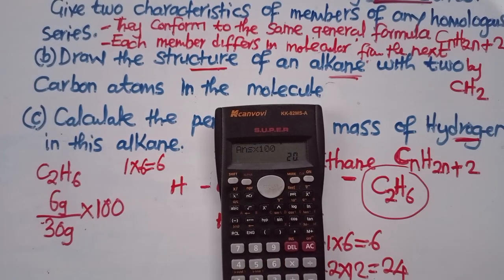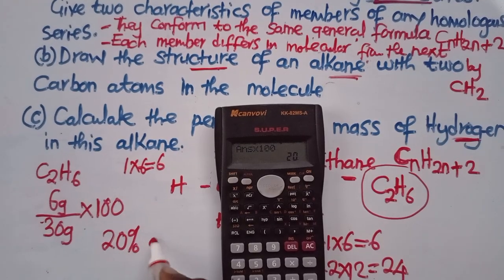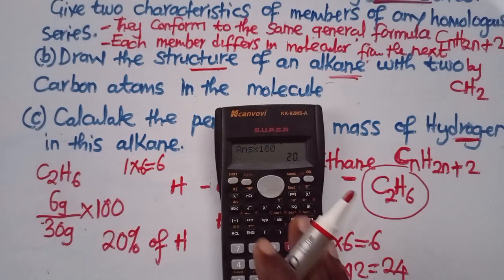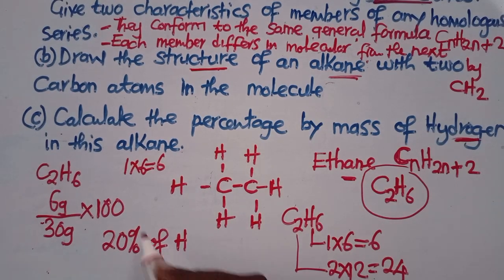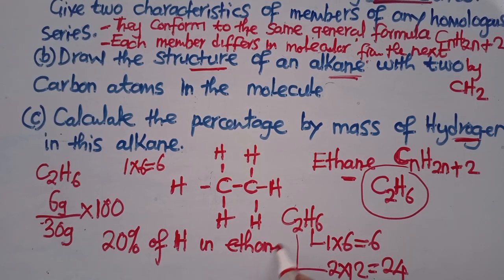What answer are you going to get? 20. So it is 20%. 20% of hydrogen in this particular compound, in ethane.